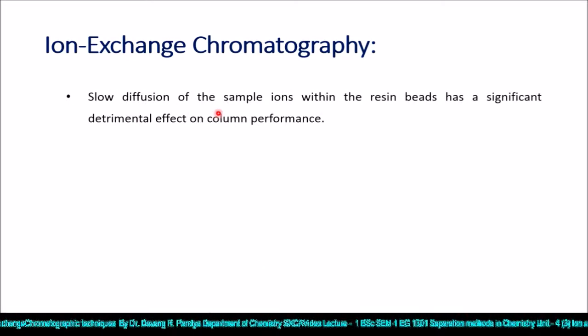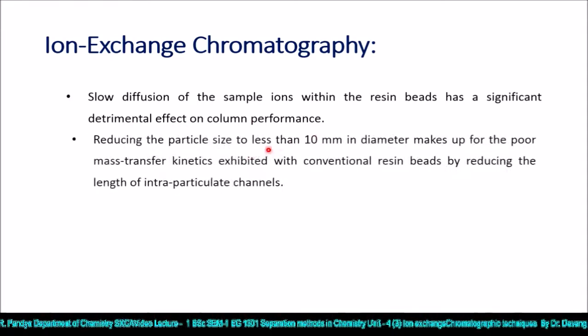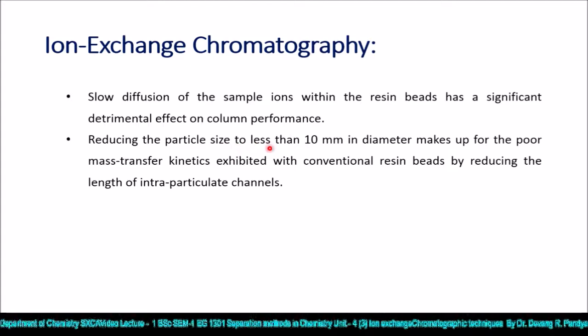Slow diffusion of the sample ions within the resin beads has a significant detrimental effect on the column performance. Reducing the particle size to less than 10 micrometers in diameter makes up for the poor mass transfer kinetics exhibited with conventional resin beads by reducing the length of intraparticulate channels.